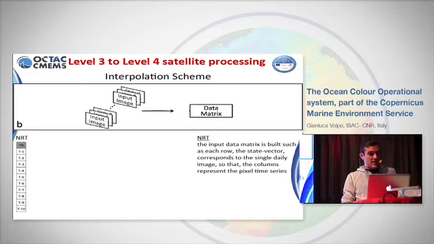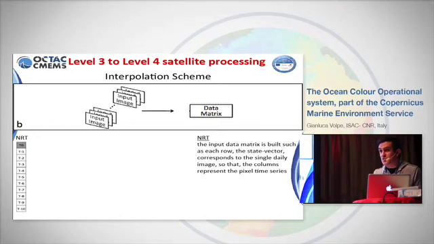In near real time, the data matrix is built such that each row, which constitutes the state vector, corresponds to a single day image, so that the columns represent the pixel time series. The T0 is the most recent image, which is generally acquired the same or the next day as the satellite overpass, as I was mentioning before.